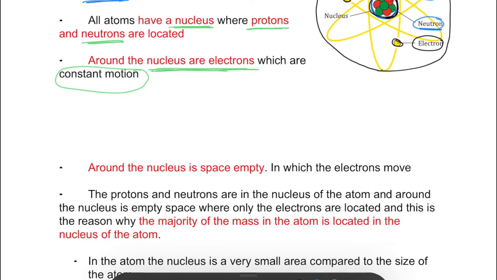Now, we can see that this is the atom where we have the nucleus with the neutrons and protons, and around we have the electrons.